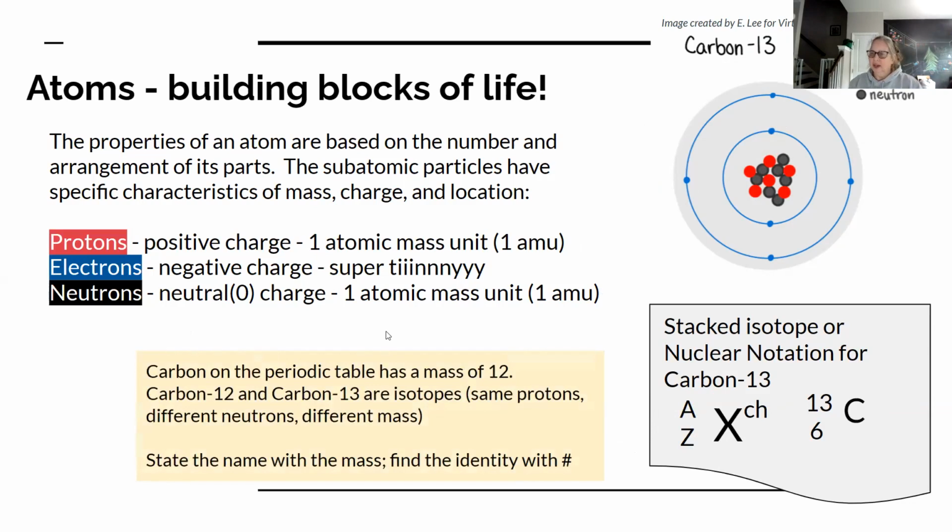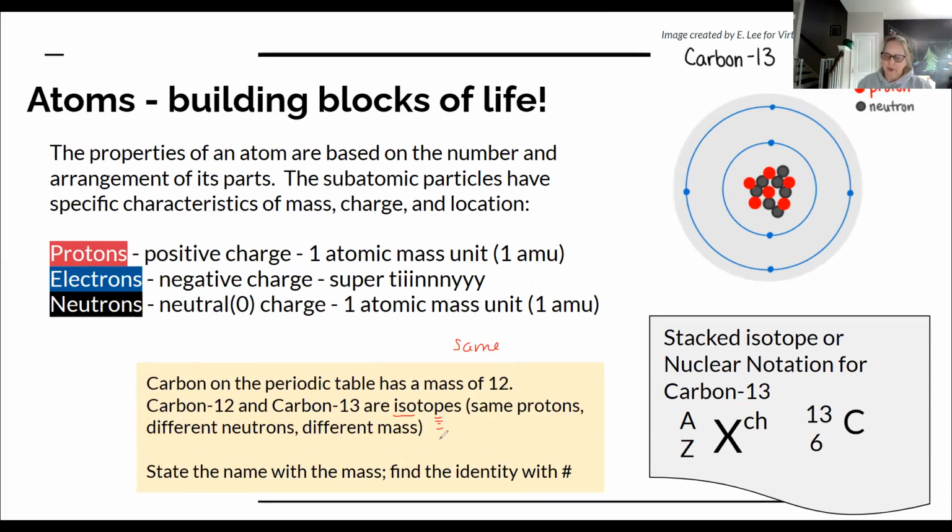The carbon on the periodic table is carbon-12, so that one we often just call carbon. Carbon-12 and carbon-13 are 2 different isotopes of carbon. Isotopes: iso, when we break that down, means same, and the P in the topes is to remember same protons.